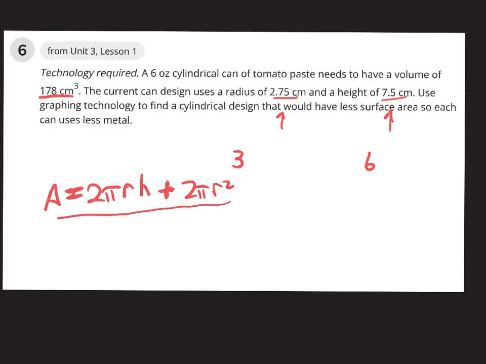That's why it's 2. So 2 pi r h gives you, imagine a can, a cylinder, right? And you unrolled it, just this part. This part would make a big rectangle. And then you've got 2 circles. This is why it's 2 pi r squared, because you've got 2 circles. So this is how a can would look if you unrolled it.